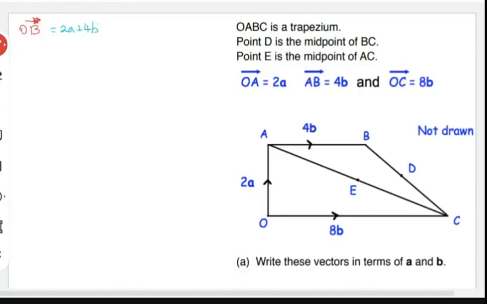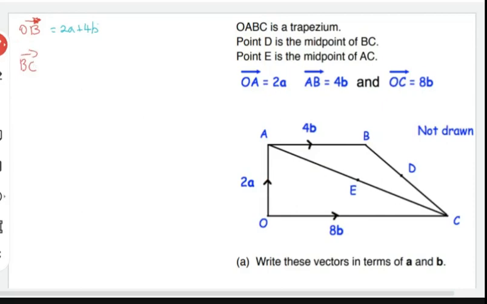Could A to C be 4B minus 2A? From B to C, yeah. What path did you take? Around from B to A to O, then to C. Nice, that sounds good.